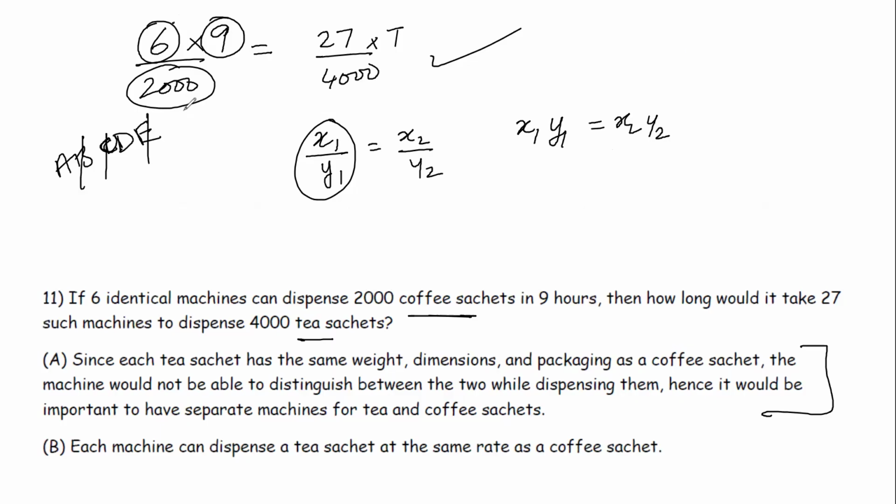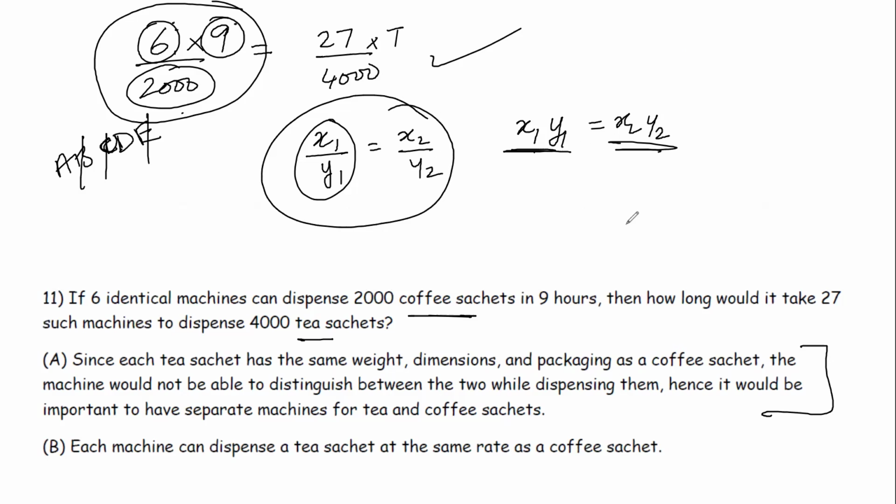For example, if the sachets remain constant and the machines were to increase, then the time would decrease. If the sachets were 2000, machines were increasing, then the hours taken would be less. So that is inversely related. So when it is machines and time taken, inverse relation; machines and sachets, direct proportionality expression.